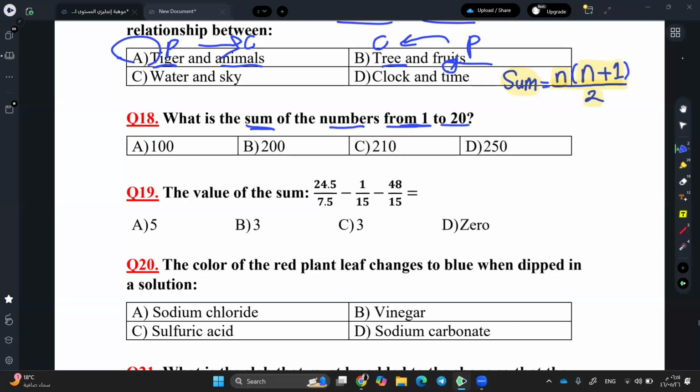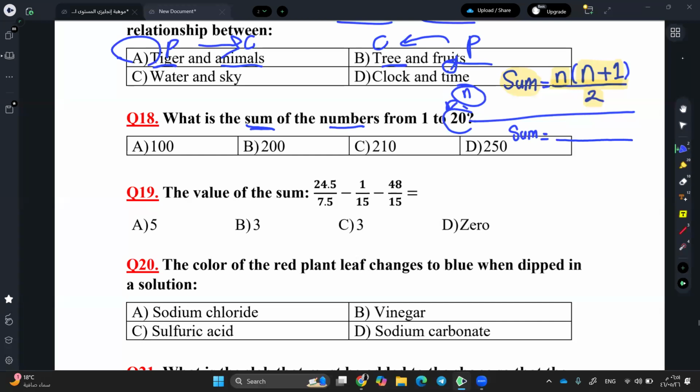Okay? After that, we're going to replace n with this number. Not 1. Focus. Not 1. We're going to replace n with the number on the last. Until what? Until this number. So this is n. And we will solve it simply like that by replacing.